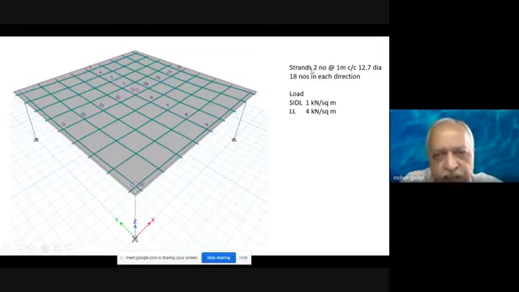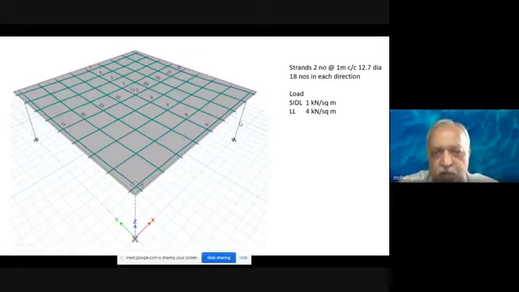Then the strands that we have considered, now this blue line that you see, they are in fact strands, two numbers of strand at 1 meter center to center. So I have provided these strands, this sheathing that is required. And so this is provided at every 1 meter spacing, and inside each we have got two strands. So totally we have got 18 strands in X direction and 18 strands in the Y direction. Okay. So we have got this basic data decided.